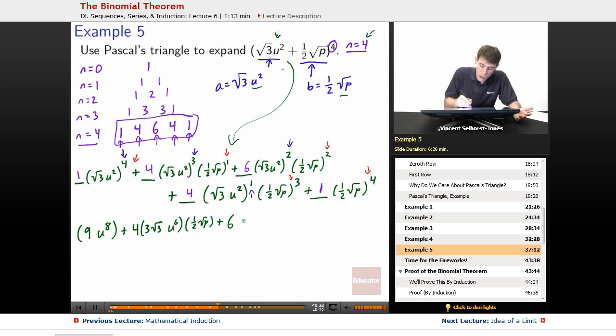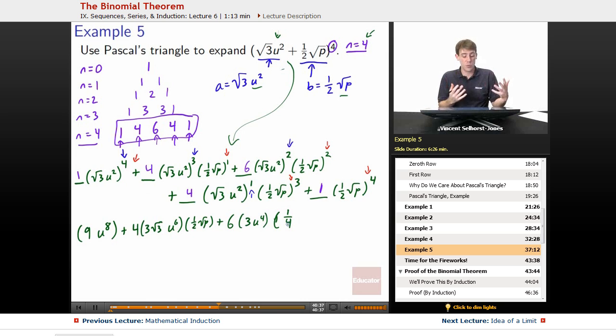Plus 6 root 3u squared squared. Root 3 squared is 3. U squared squared is u to the 4th. Times 1/2 root p squared will be 1 over 4, right? 1/2 squared is 1/2 times 1/2, so 1 over 4. Root p squared is p. Break the line once again. Plus, next is 4 root 3u squared to the 1.